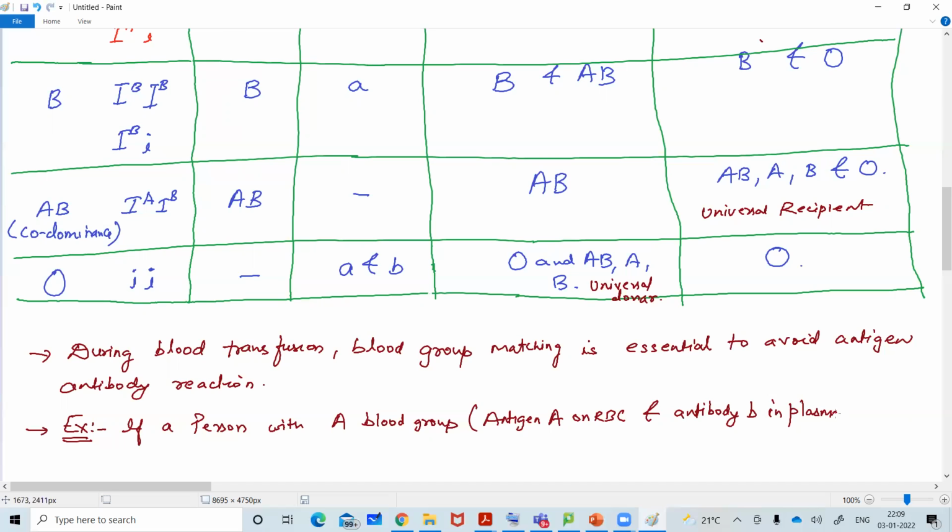That's the meaning. Is given the transfusion of blood of type B. Let's take this example.